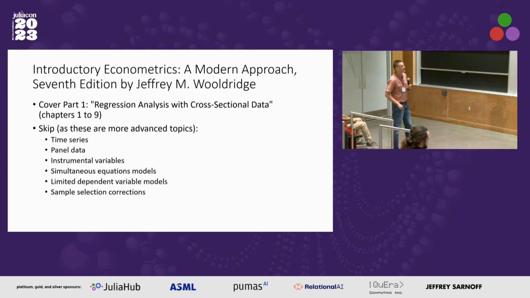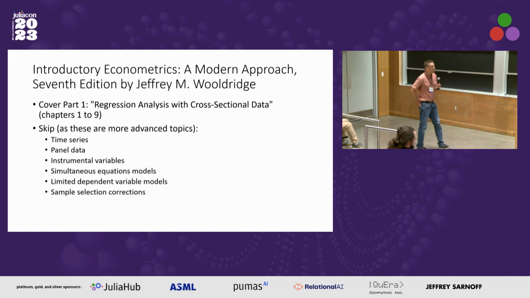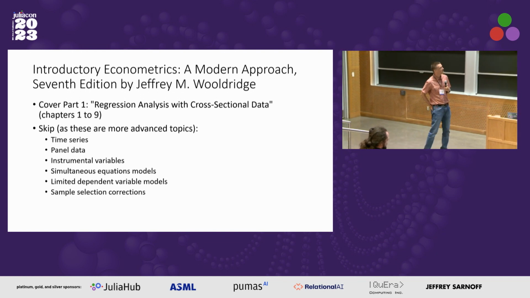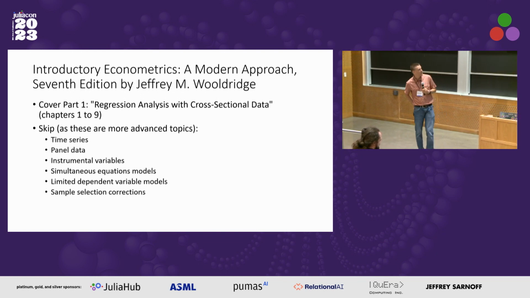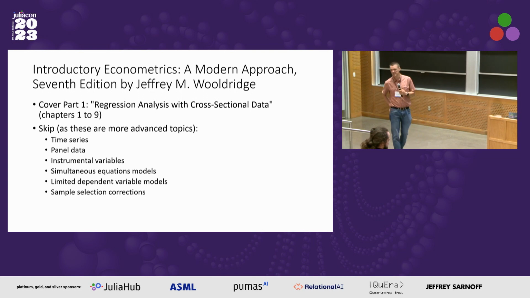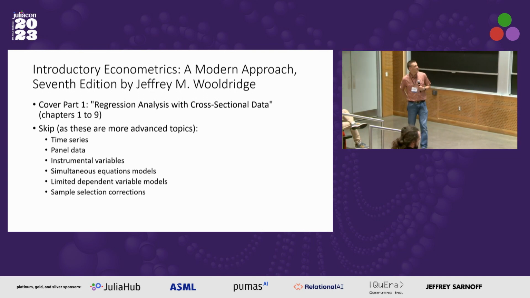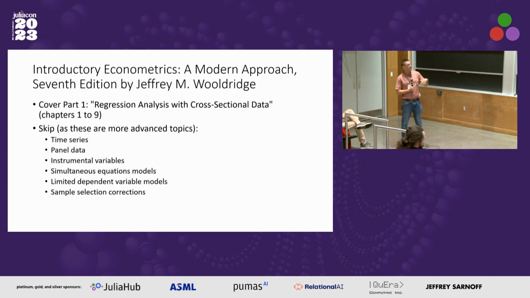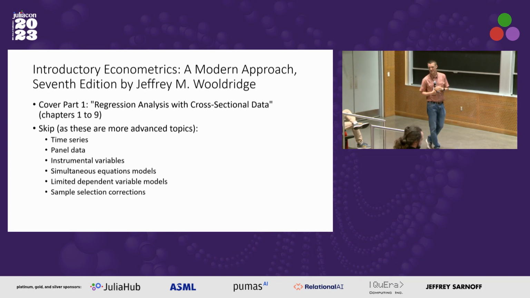And I decided to focus on part 1, which is regression analysis with cross-sectional data. So this is chapters 1 to 9 in this book. What I have skipped is time series, panel data, instrumental variables, simultaneous equation models. So all the things that are in further parts of this book.